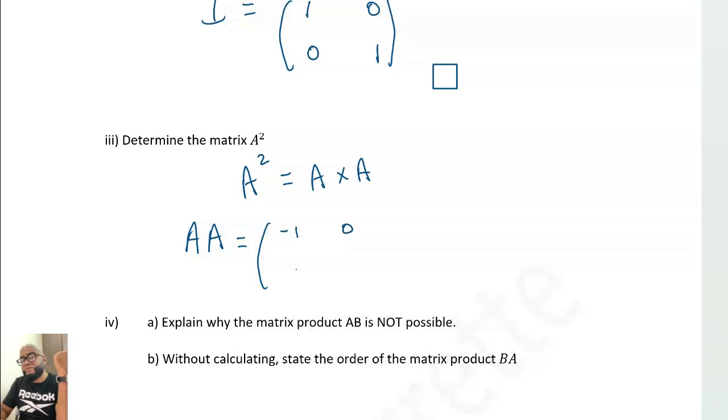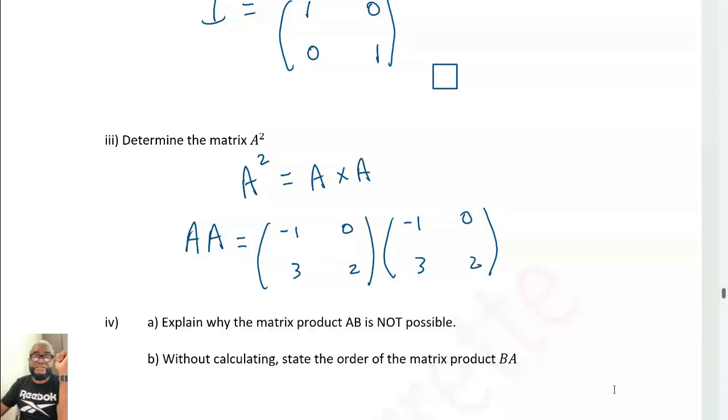Negative 1, 0. Is this what A was? Right. So it will be that multiplied by itself: negative 1, 0, 3, and 2. Cool? You've got to perform matrix multiplication here.